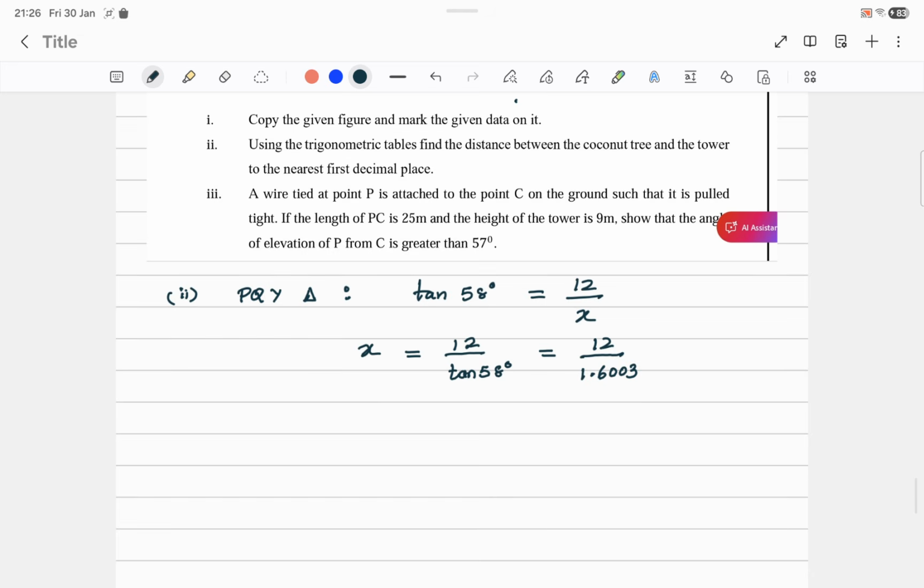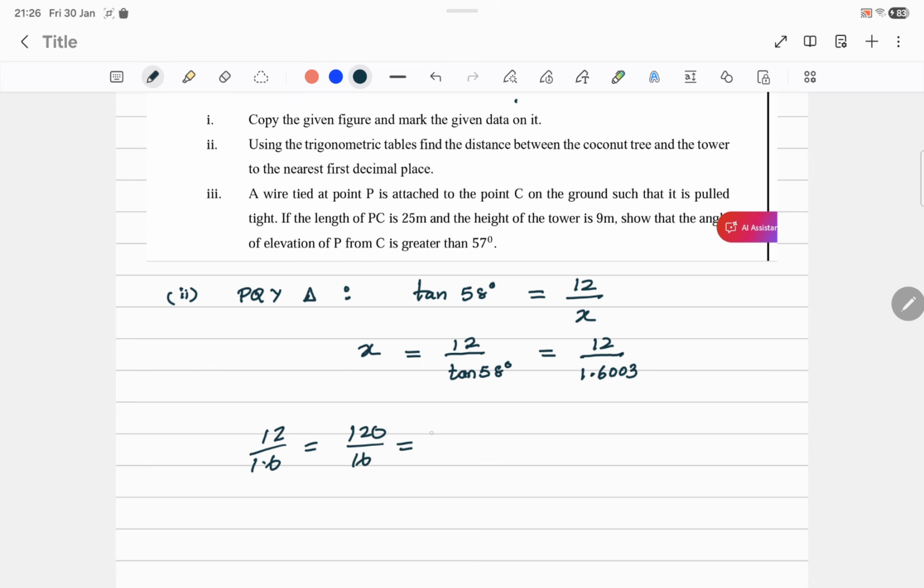So divide 12 by 1.6: 8, 9.6, 11.2. I will just divide by 1.6. That's easy now. 1.6, so this is the same as 120 over 16.